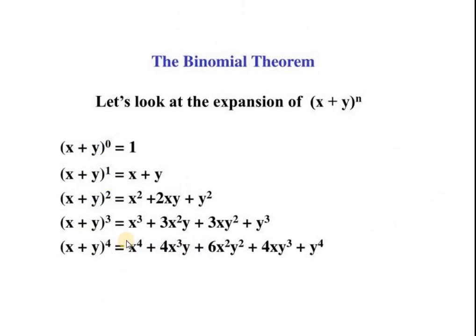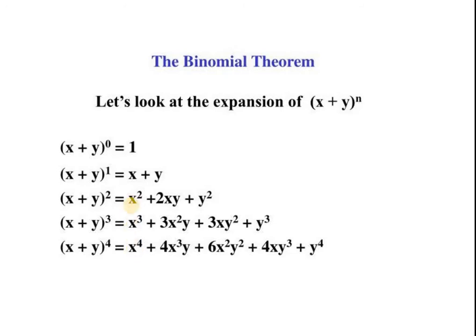Looking at this formula, here we have 1, 4, 6, 4, 1. In the Pascal triangle we have the zeroth row, the first row, the second row, the third row, and the fourth. So the values of these coefficients can be obtained by the Pascal triangle, using the third row.